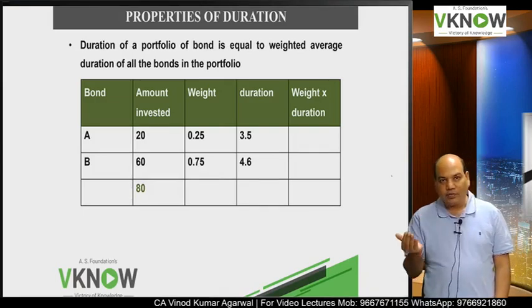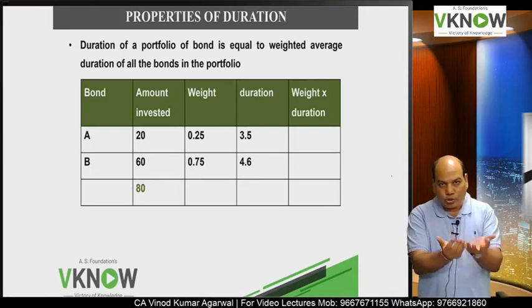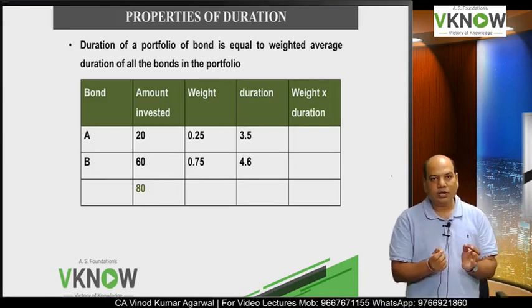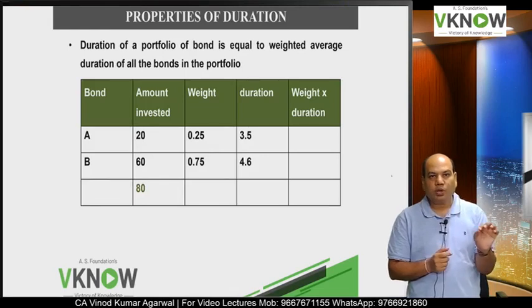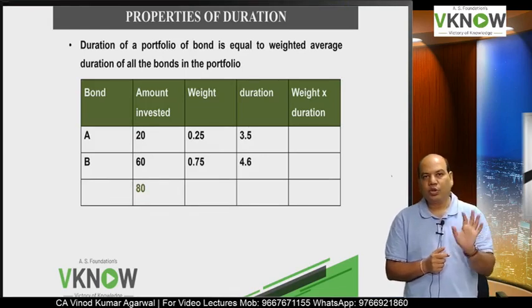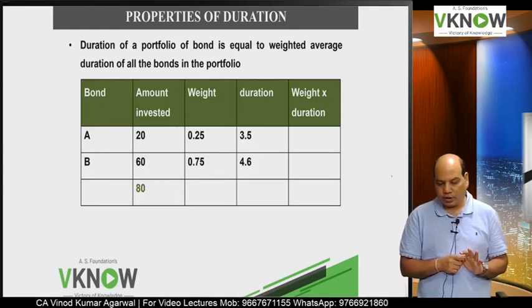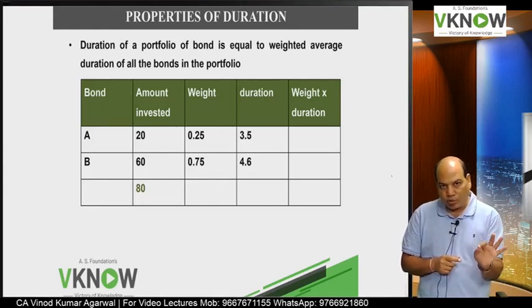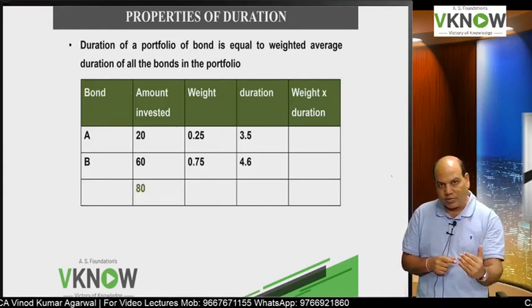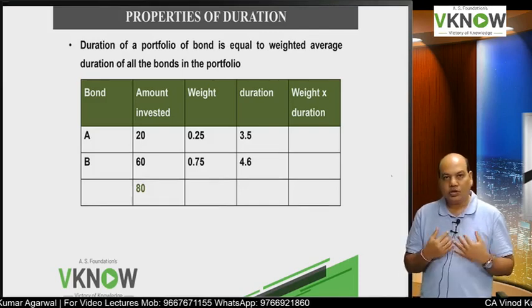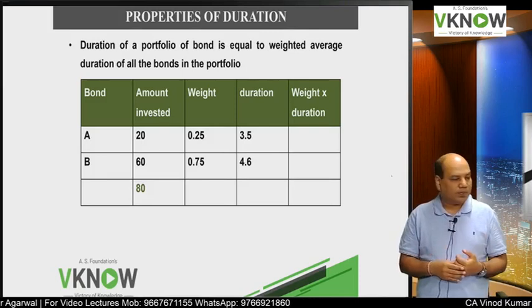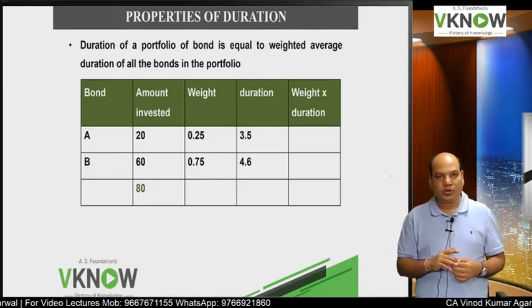So assign the weight: 20 lakh out of 80 lakh means the proportion of bond A in the portfolio is 25%, so 0.25, and proportion of bond B in the portfolio is 60 by 80, 75%. And the duration I have given, for example, say take 3.5 and 4.6.